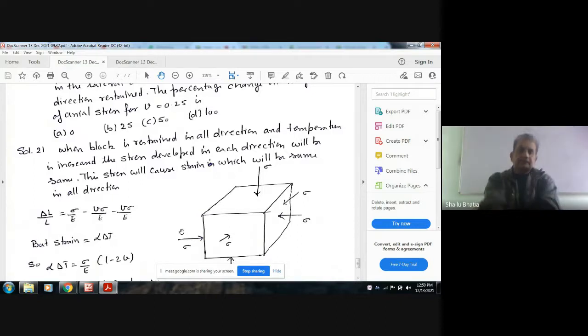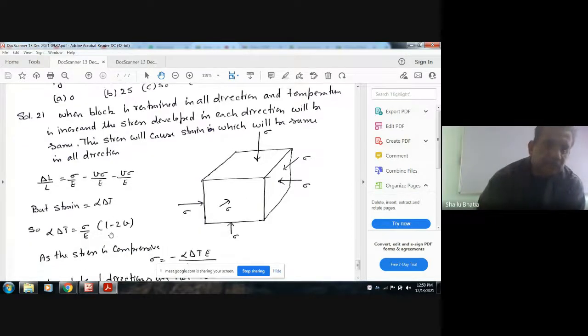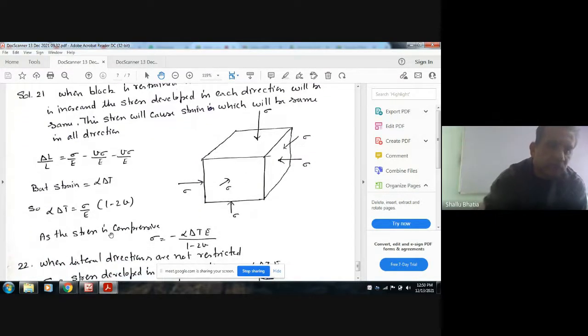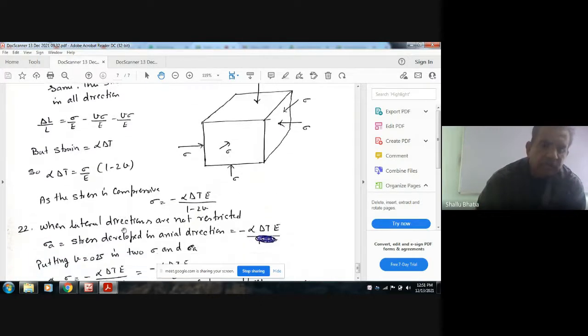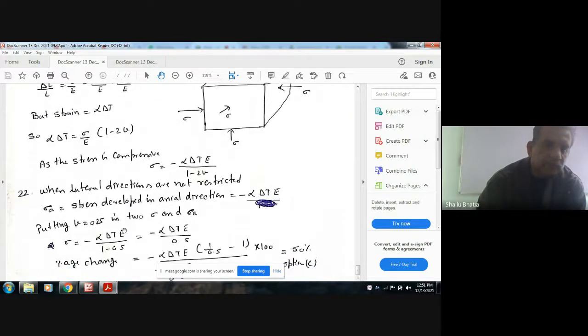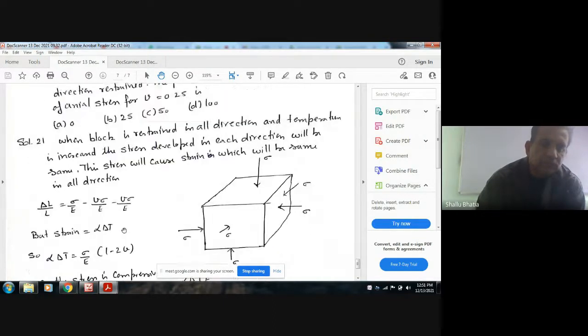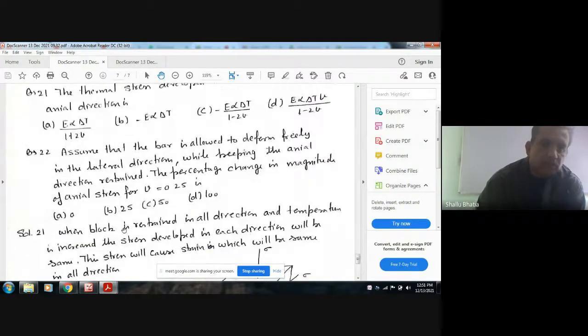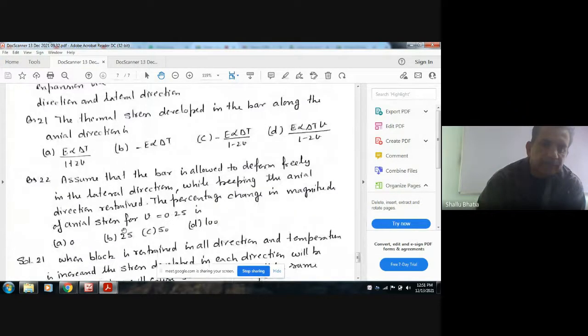Then the strain in each direction will be the same, that is equal to sigma by E minus mu sigma by E minus mu sigma by E. But the strain is given by alpha into delta T. So equating these two, sigma is minus alpha delta T E by 1 minus 2 mu. So the answer is option C.